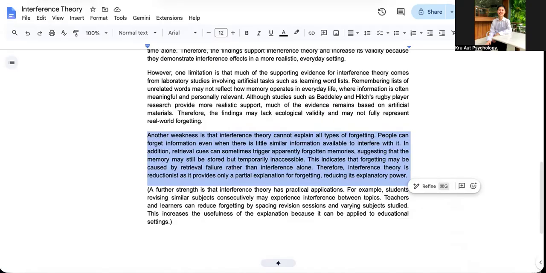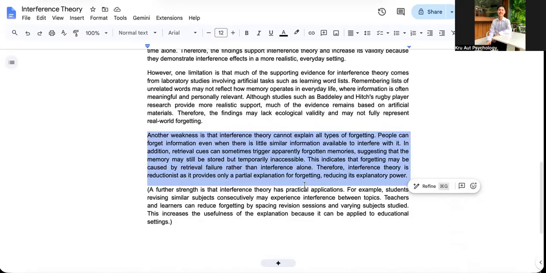So this is one of them, because the theory doesn't explain all types of forgetting, and in real life, sometimes something doesn't appear similar and we still forget it. Maybe because there are other factors. So in addition, my point in this paragraph is that there's also retrieval failure that explains forgetting.